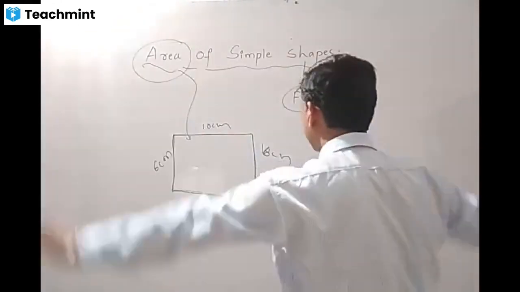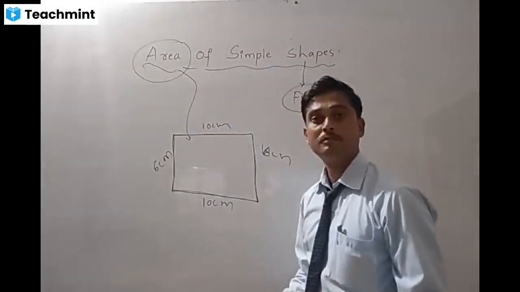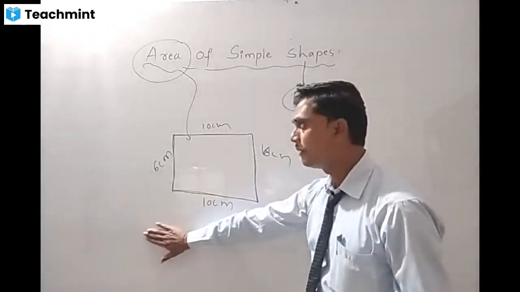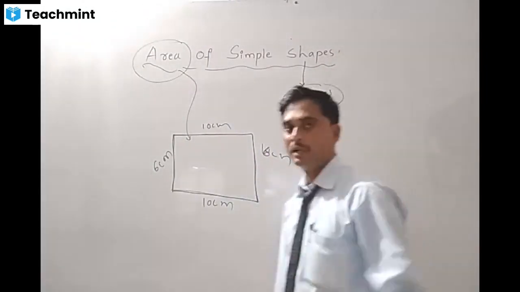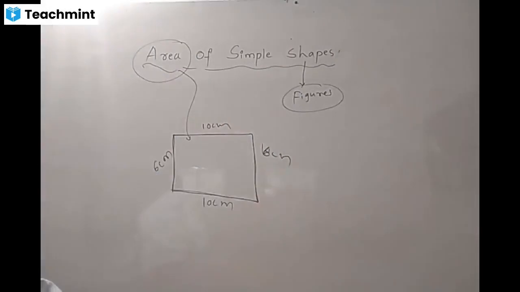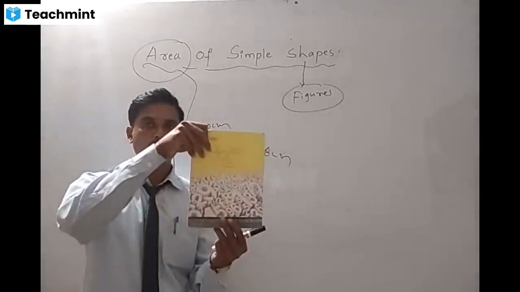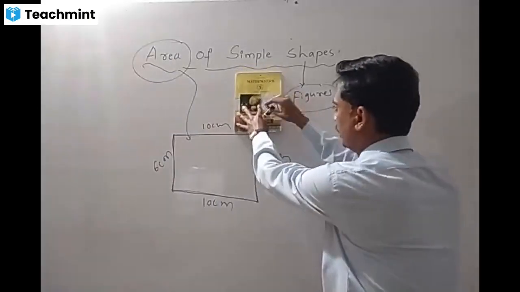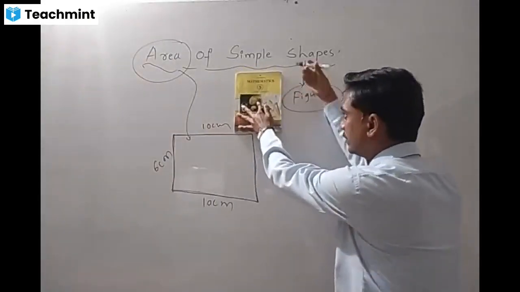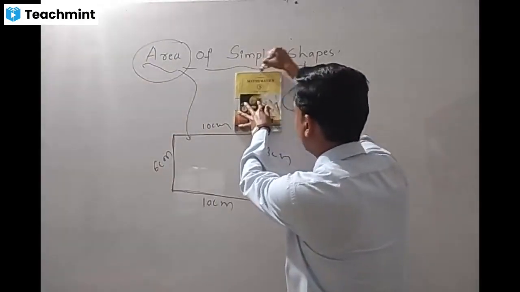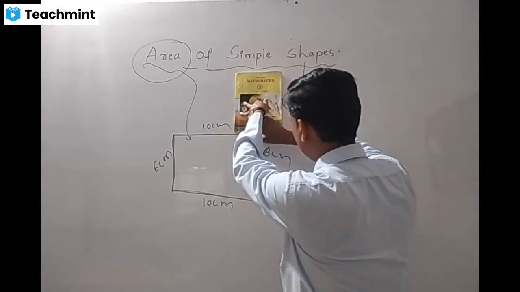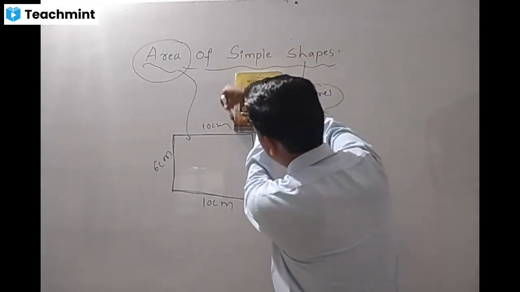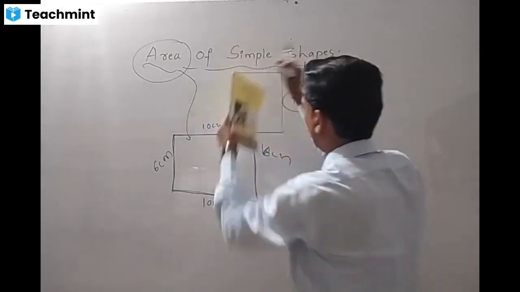How much place does this whiteboard occupy? That is the area of this whiteboard. Dear students, now I will show you this textbook. How much place does this textbook occupy? Listen here.